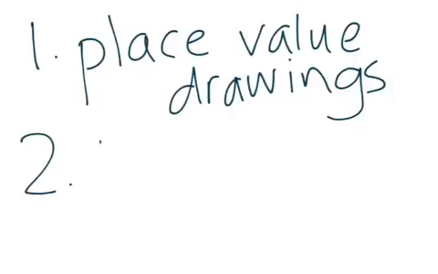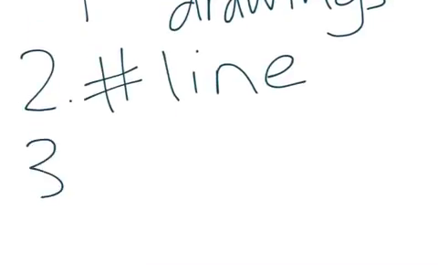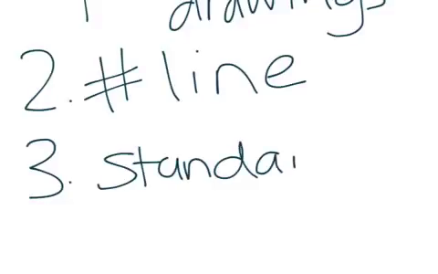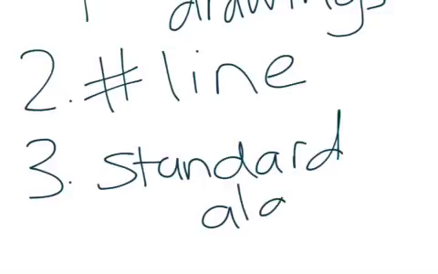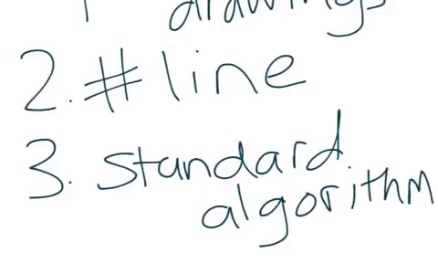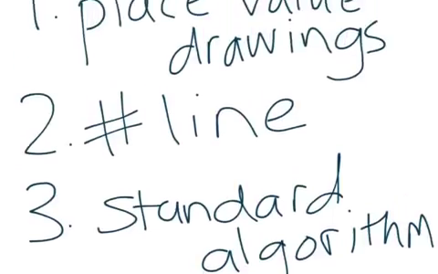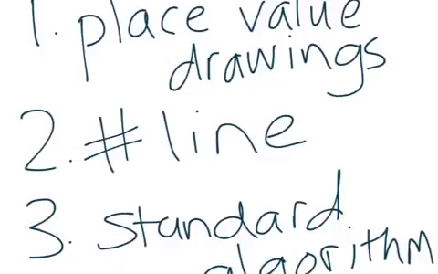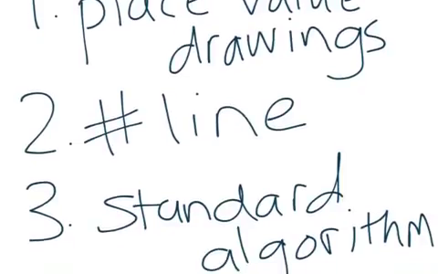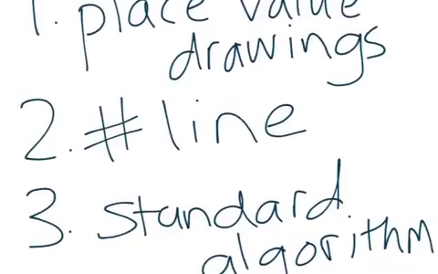The second way is by using a number line. And then the third way is by doing the standard algorithm. And that just means adding the numbers the standard way. If you did not put these 3 things on your note sheet, go ahead and pause it and copy these down.